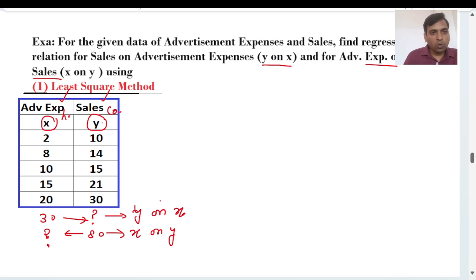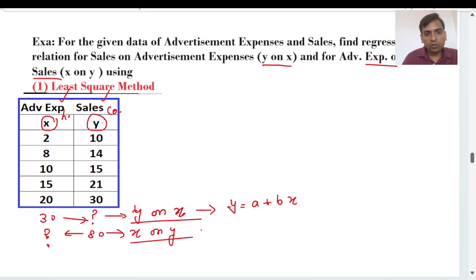So there are two concepts in regression analysis. First is Y on X and second is X on Y. If you need to find regression analysis Y on X, then we will write the regression equation as Y equals A plus BX.